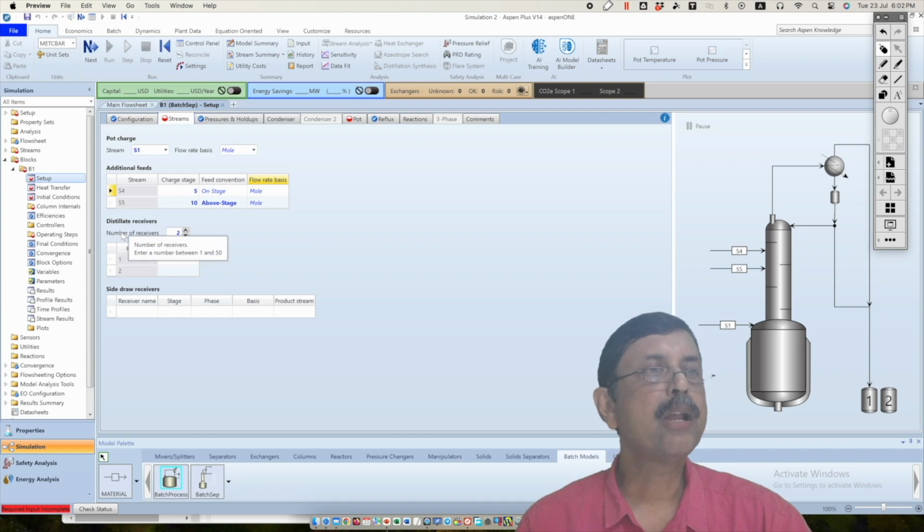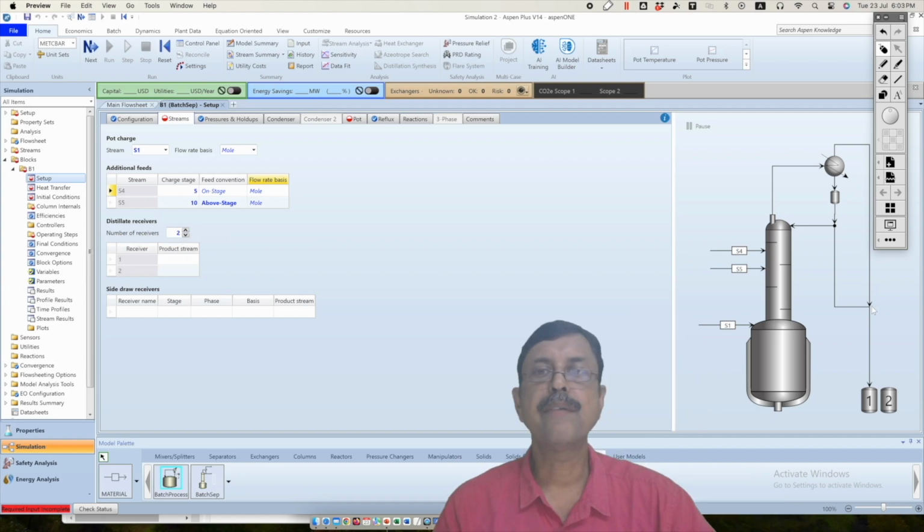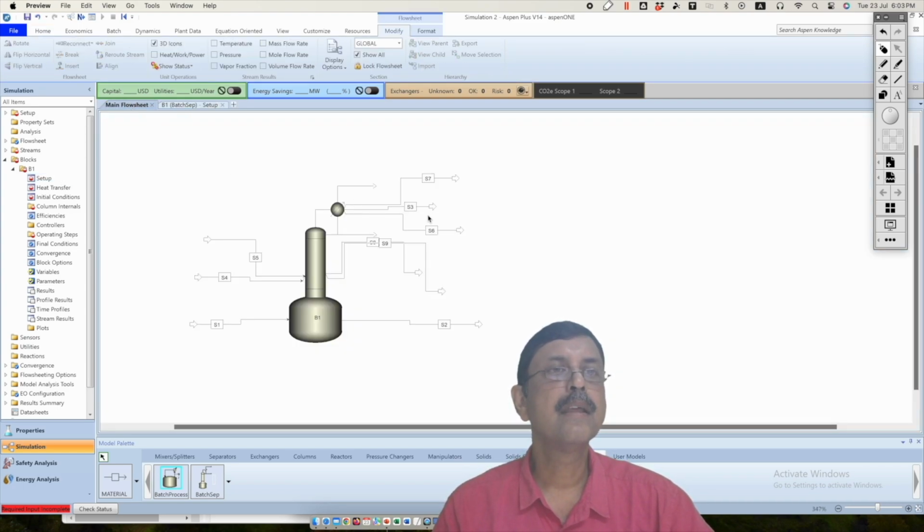And number of distillate receivers, we have said here 2. This distillate receiver 1 and distillate receiver 2, which product stream will come over here? Let us see how many product streams are there. You can see there are S3, S6, S7.